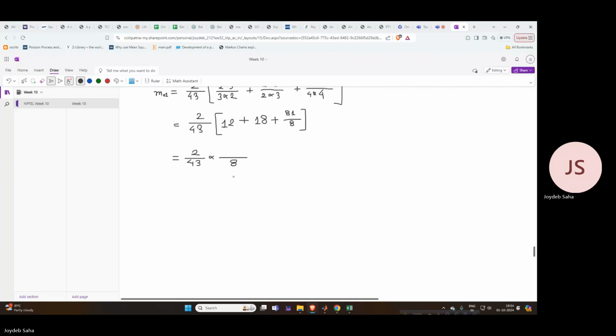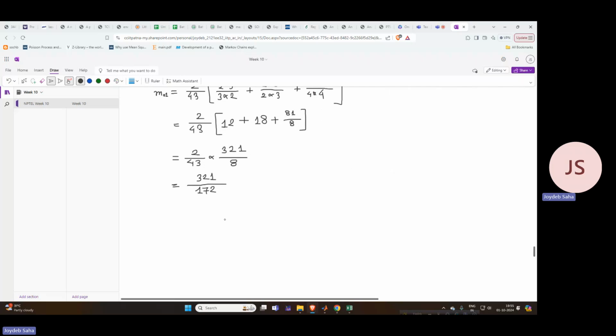Plus 81, 321. 321 upon 43 cross 4, 172. Fine, this is the expectation of y.